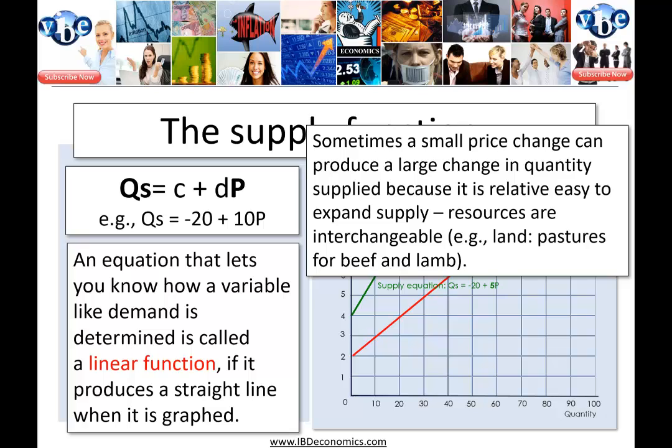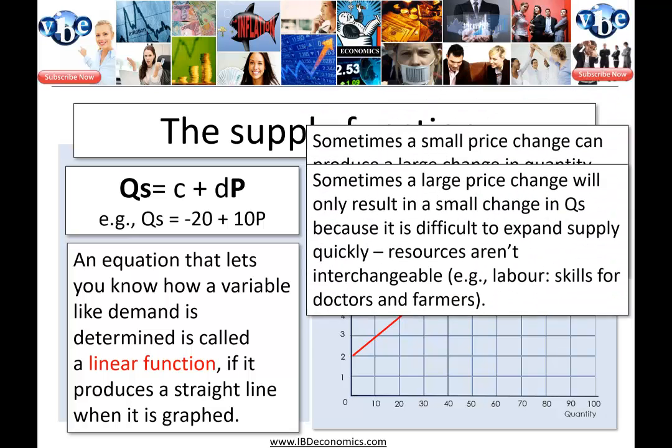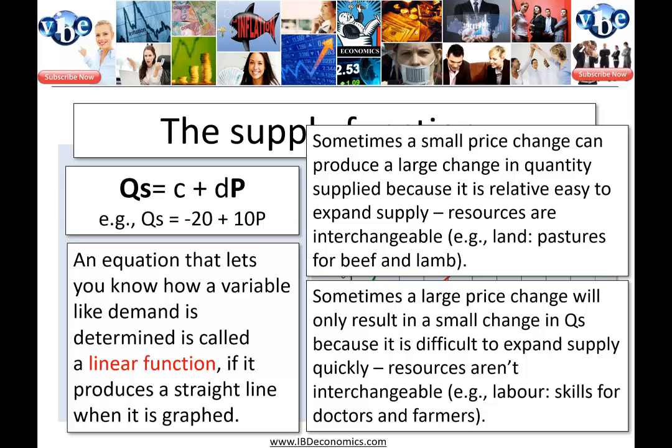So sometimes a small price change can produce a large change in quantity supplied because it's relatively easy to expand supply. So resources are quite interchangeable. For example, land. You can have pastures where you can farm beef or lamb, and they're quite interchangeable. But sometimes a large price change is going to result in a small change in quantity supplied because it's difficult to expand supply quickly.